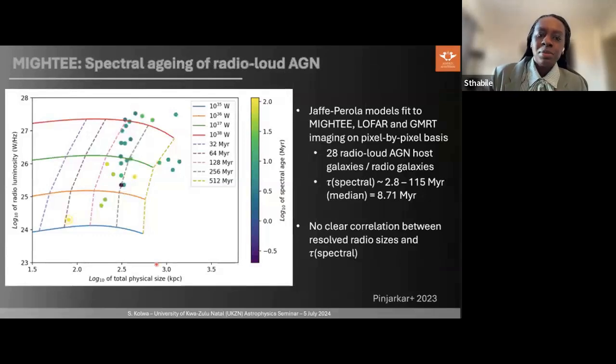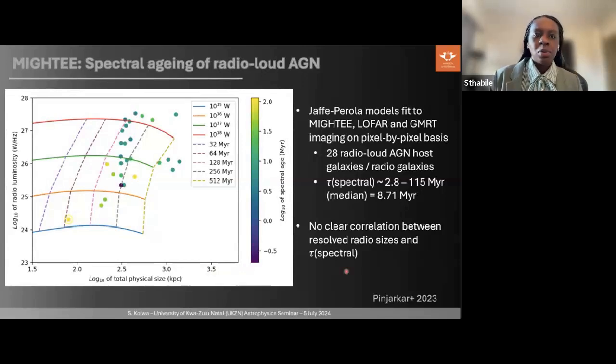And here's some results published by Martin Hardcastle's student, an attempt to understand whether there's a correlation between radio source size and spectral age, based on, of course, radio spectra. So here, Siddhant used Jaffe and Perola models and fit these models on a pixel by pixel basis to MIGHTEE, LOFAR, and GMRT data. So here, wide frequency coverage, selected 28 radio loud AGN host galaxies.